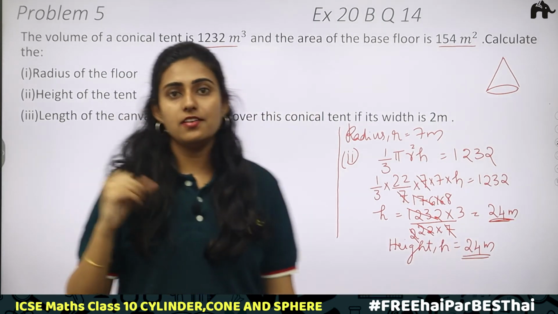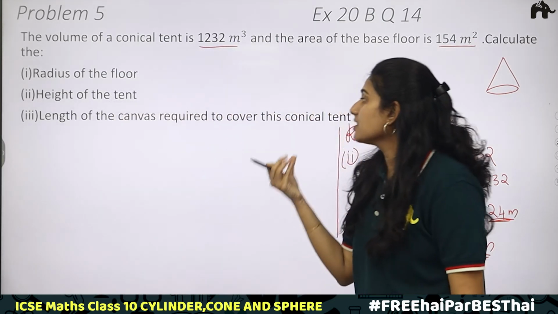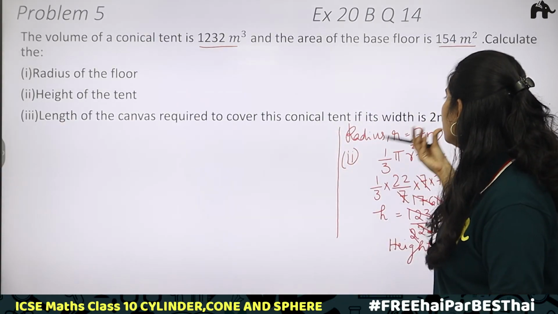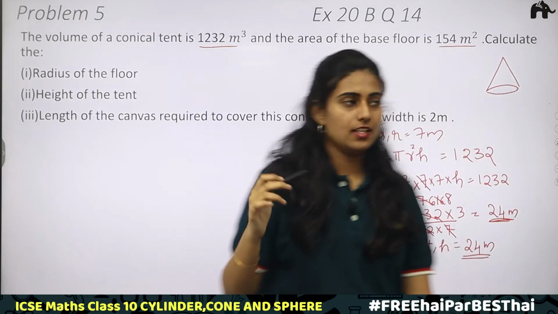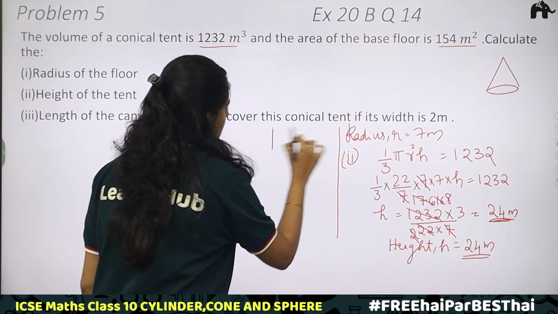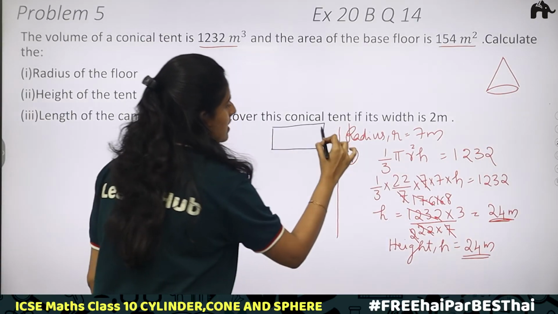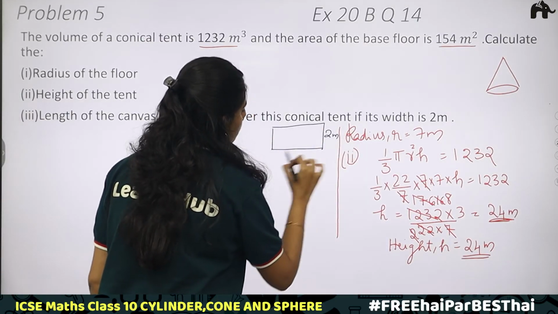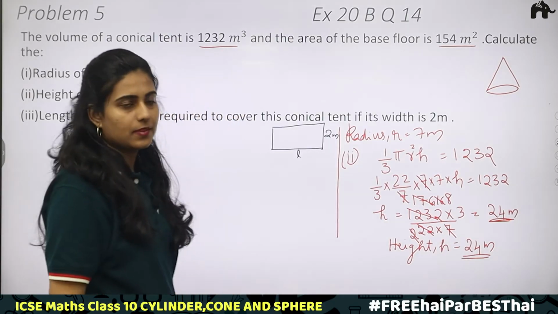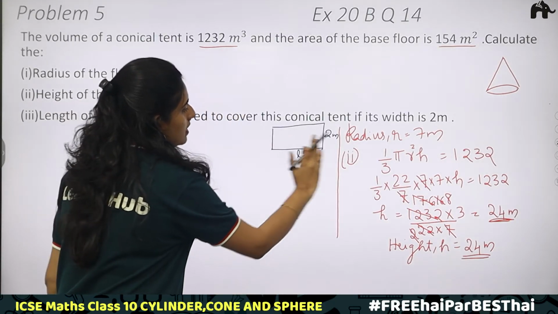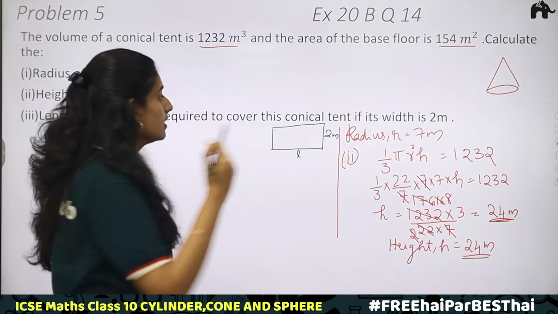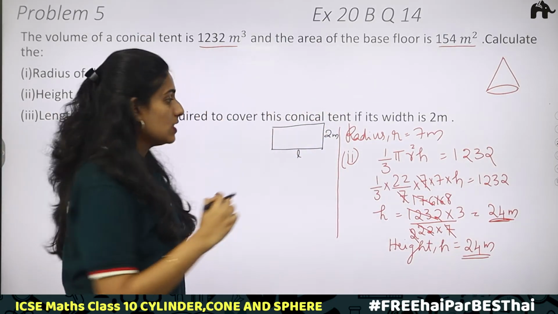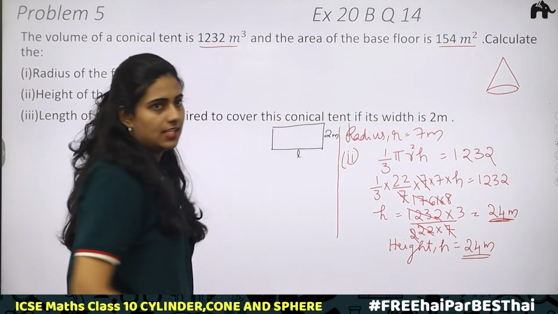Now the third part, we need to find the length of canvas required to cover this conical tent if its width is 2 meter. So let us take, this is a canvas. Width is given, 2 meter. We need to find the length. Okay. Now this canvas is used to make the conical tent, which means we need its curved surface area.